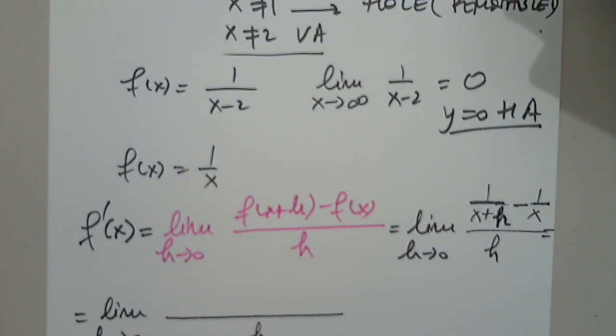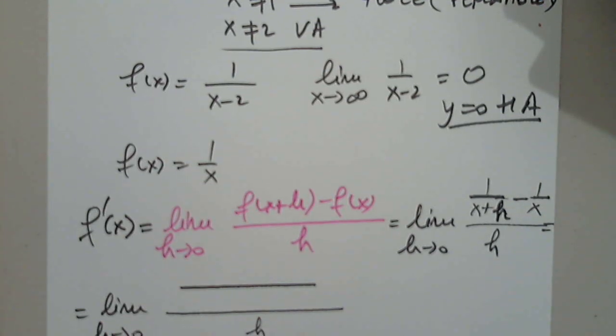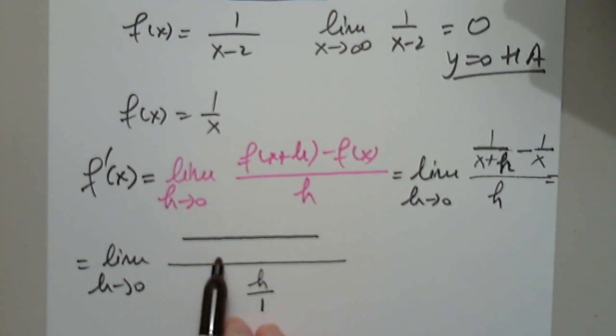Find the LCD of the numerator. Yes, we have to subtract or add, it doesn't matter. Adding or subtracting is the same procedure. So what is the least common denominator? We'll put it here: x plus h times x. Very good.